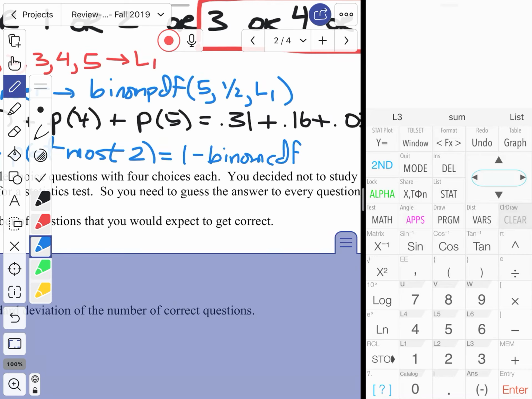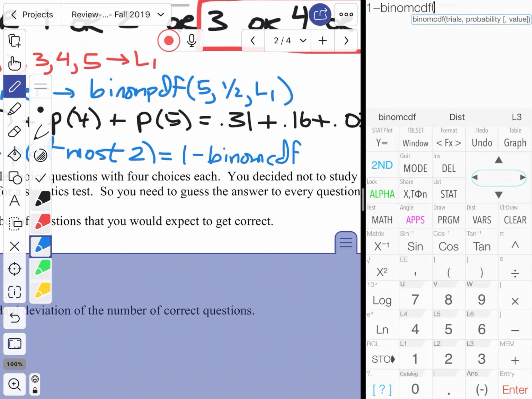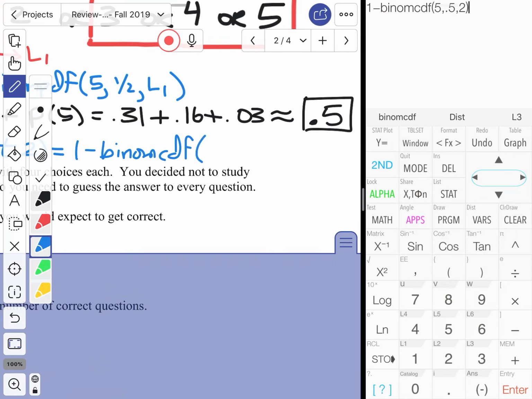So 1 minus second vars Binompdf. Yours might have the wizard display, in which case you're still putting the same numbers in the same order. It's the number of trials, 5, the probability of success, 0.5, and the at most value, in this case at most 2. So Binompdf 5, 0.5, 2.